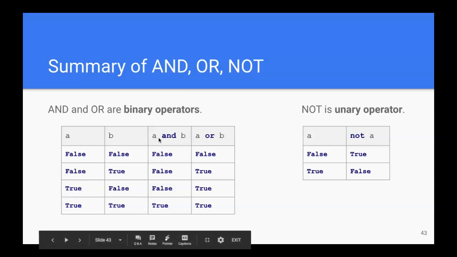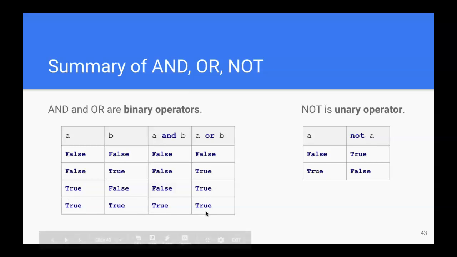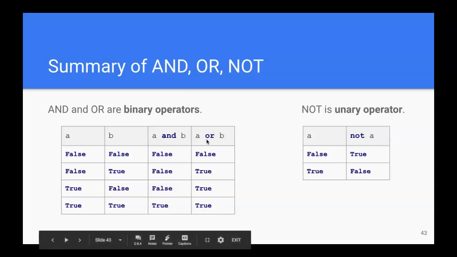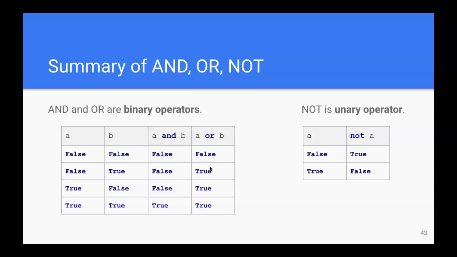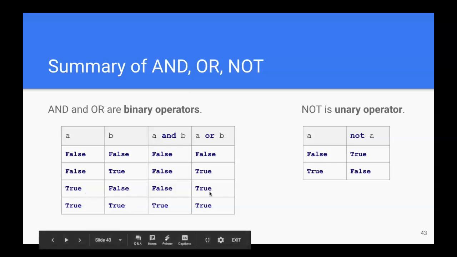Now, in the case of A and B, the only case where A and B is true is when both A and B are true. And for A or B, it is true when either B is true, A is true, or both A and B are true.